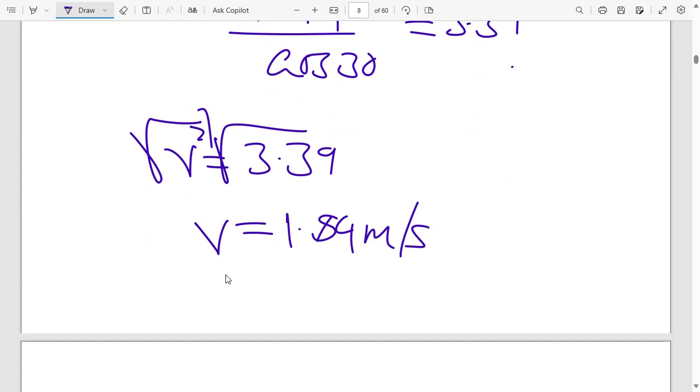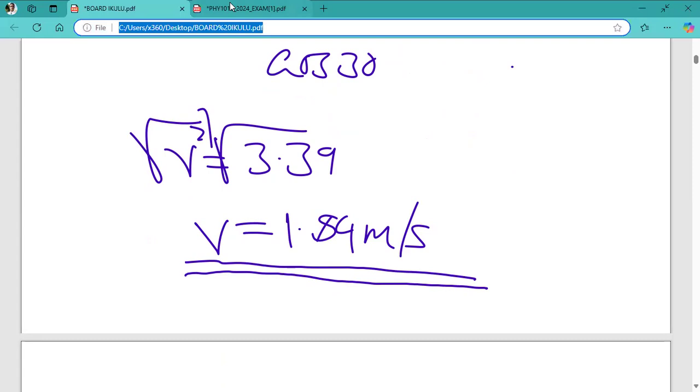Okay, so this was a very, very long process. So v, which is not the final velocity, but the velocity of the mass that we've been given, was v equal to 1.8 meters per second.